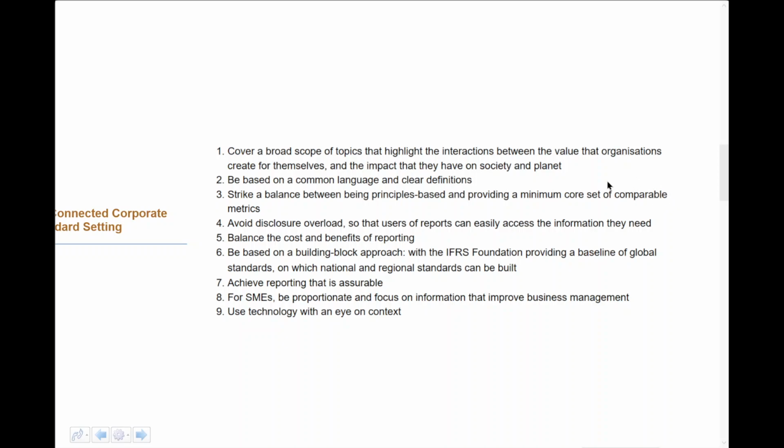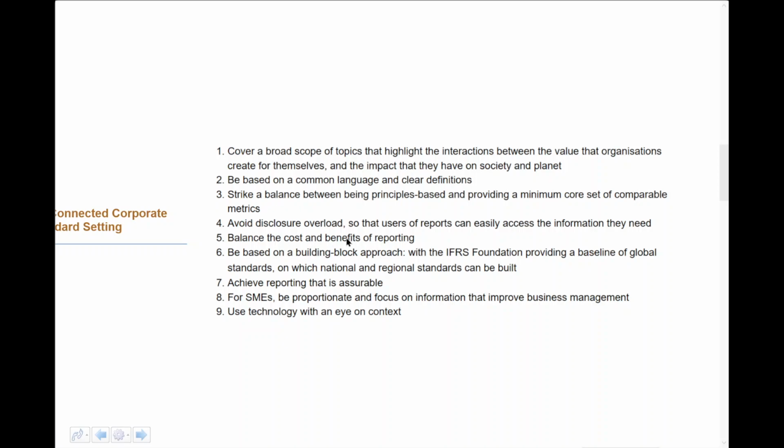And when we say comparable metrics, we're talking about the ability for an organization to produce metrics that can be used to compare that organization, perhaps in terms of its emissions or other areas of importance, to other organizations.